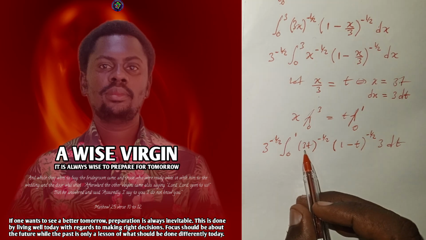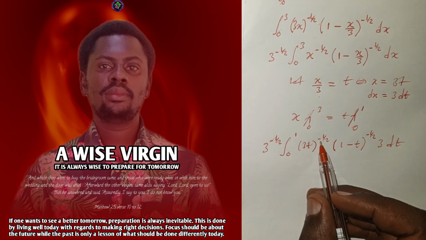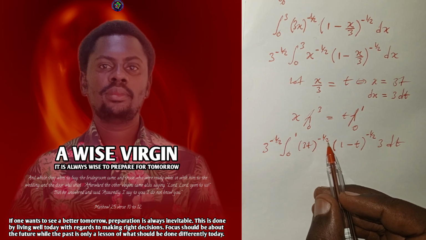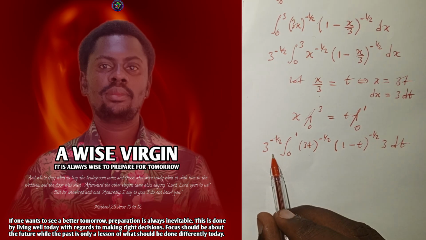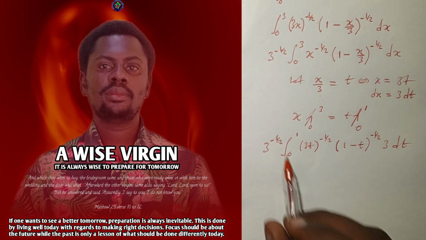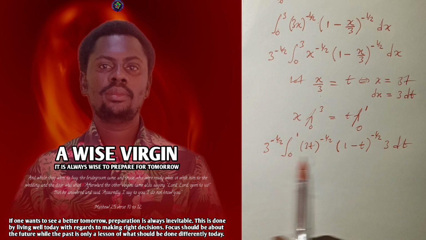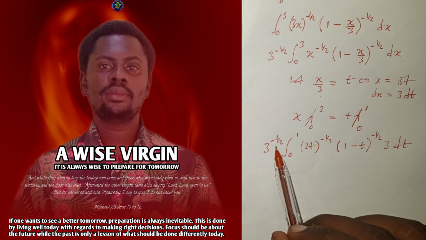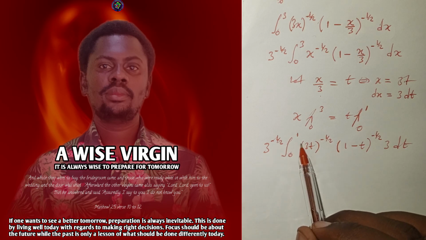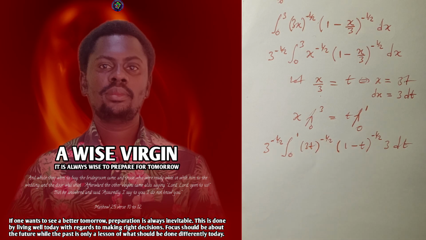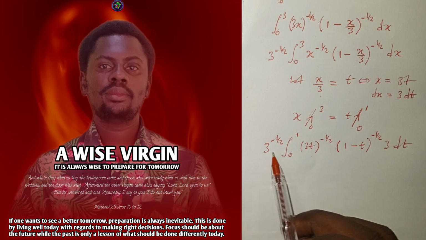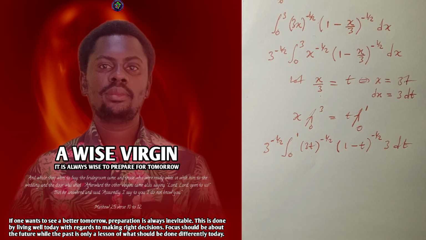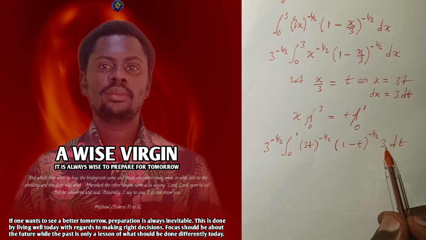Now we are supposed to divide out the constants. 3 to the power minus 1 over 2 will multiply with this 3 to the power minus 1 over 2. When you multiply numbers with the same bases, you just add the powers. So it will be minus 1 over 2 plus minus 1 over 2, and that gives us minus 1. So this will be 3 to the power minus 1. Again, we multiply with this 3.